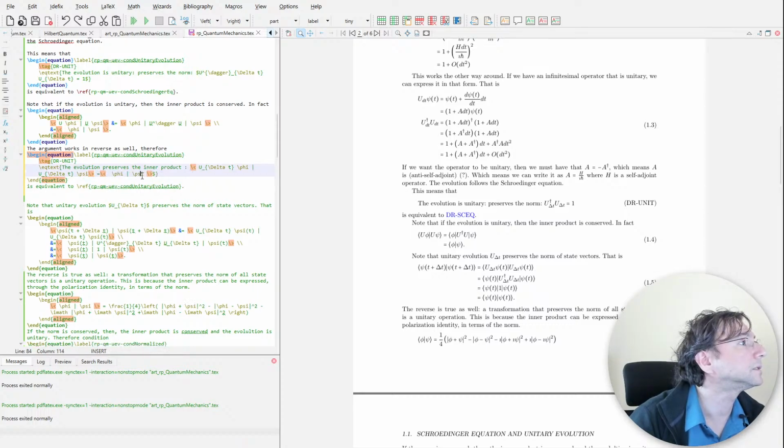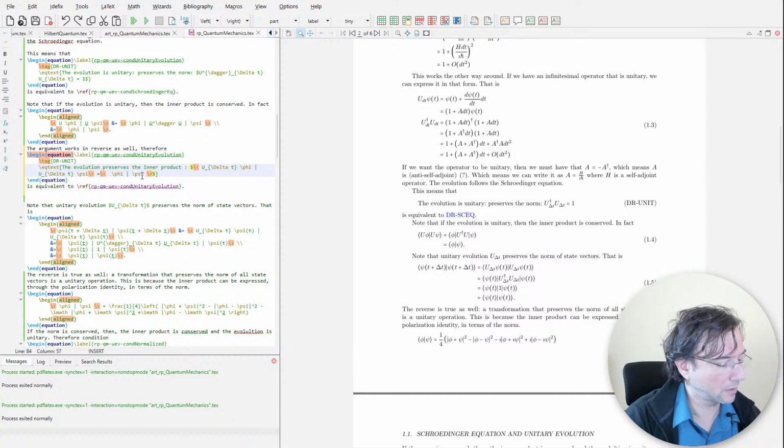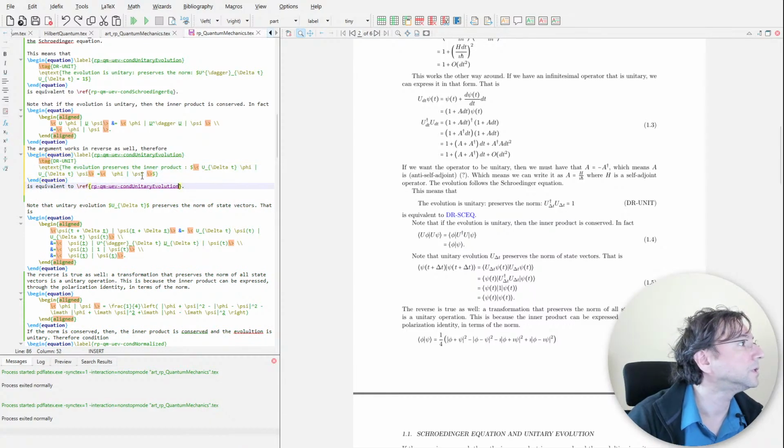All right, and this is equivalent to the condition of inner product preserved.